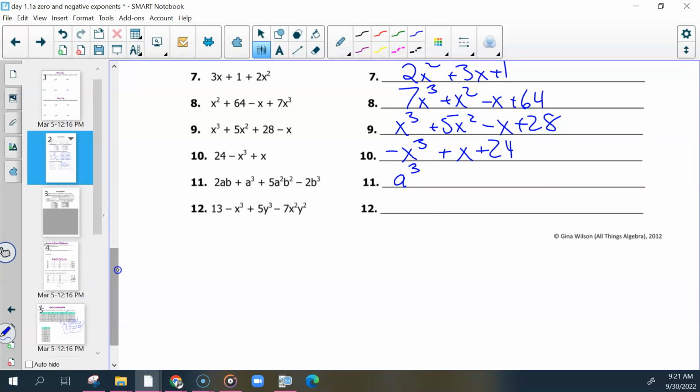Then we have AB. We want the next highest, or the decreasing order, exponent of A. So 5A squared, B squared.